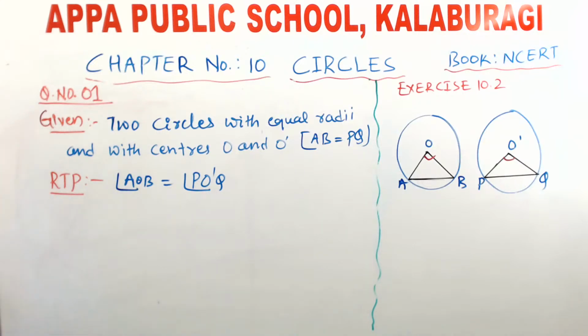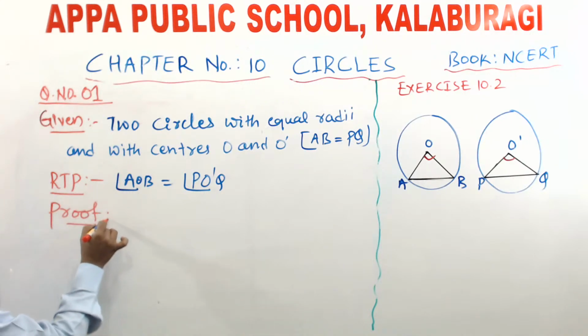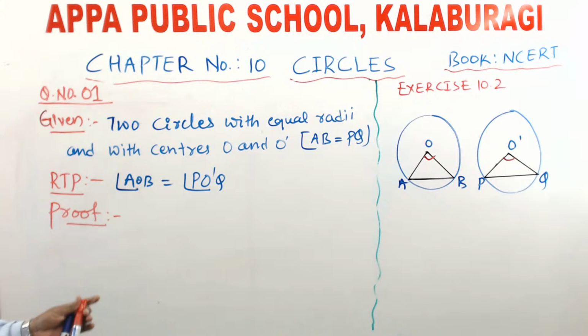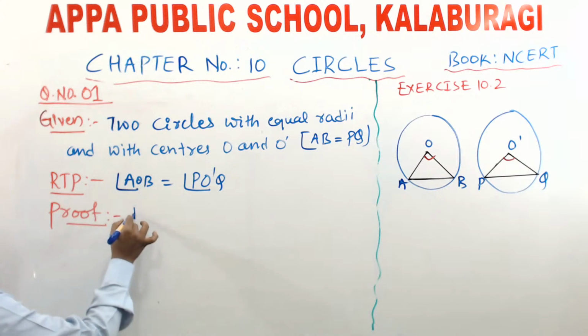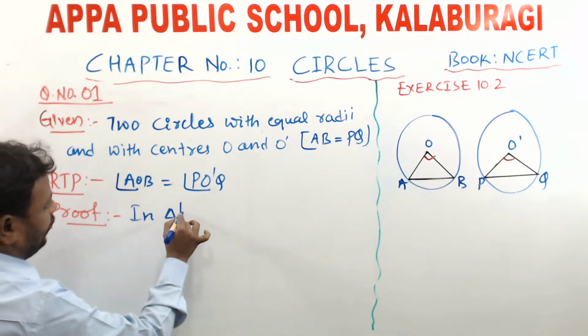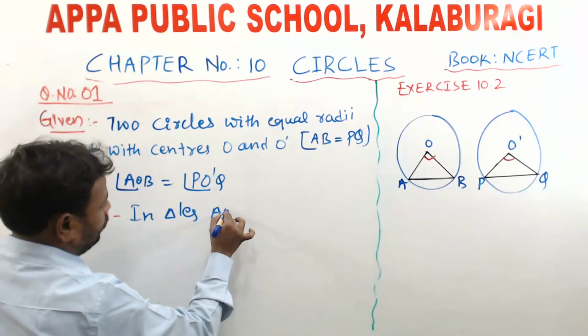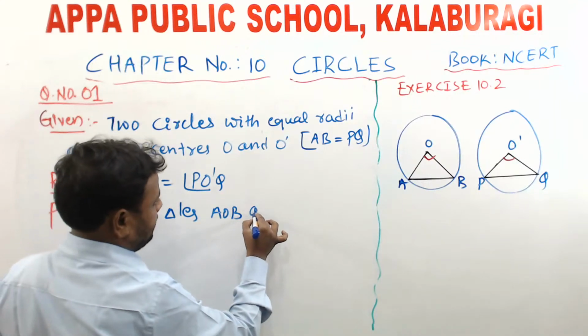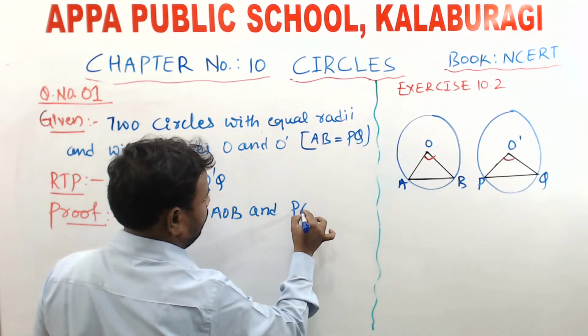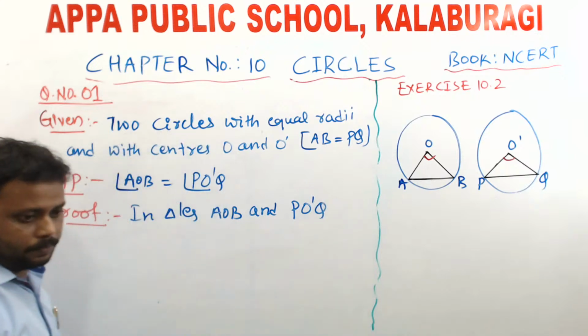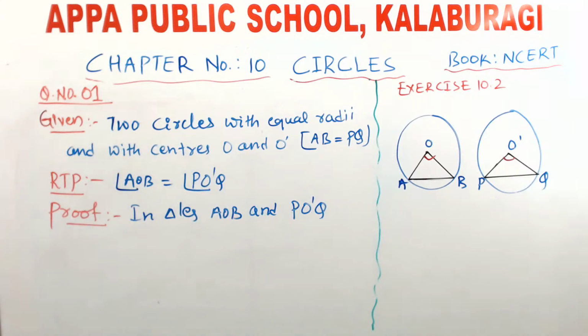So the next is proof. In triangles AOB and PO dash Q, these are the two triangles I am considering.